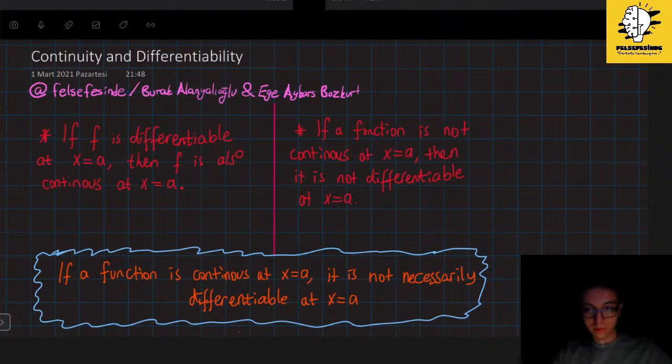Okay, so I wrote that here. If a function is continuous at x is equal to a, it doesn't have to be differentiable. But if something is differentiable, it has to be continuous. If it is continuous, it doesn't have to be differentiable. This is the rule. Okay, let's solve one very simple question. But could you move down a little, please?